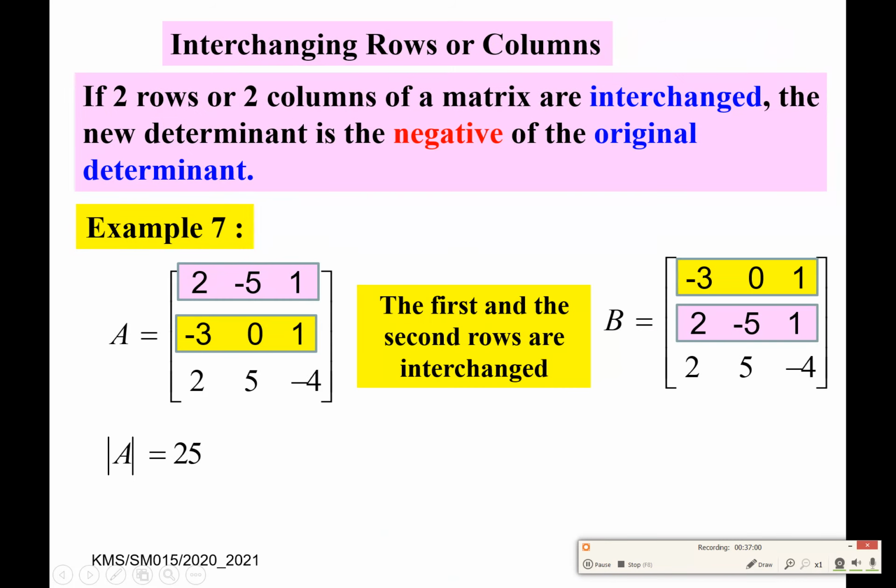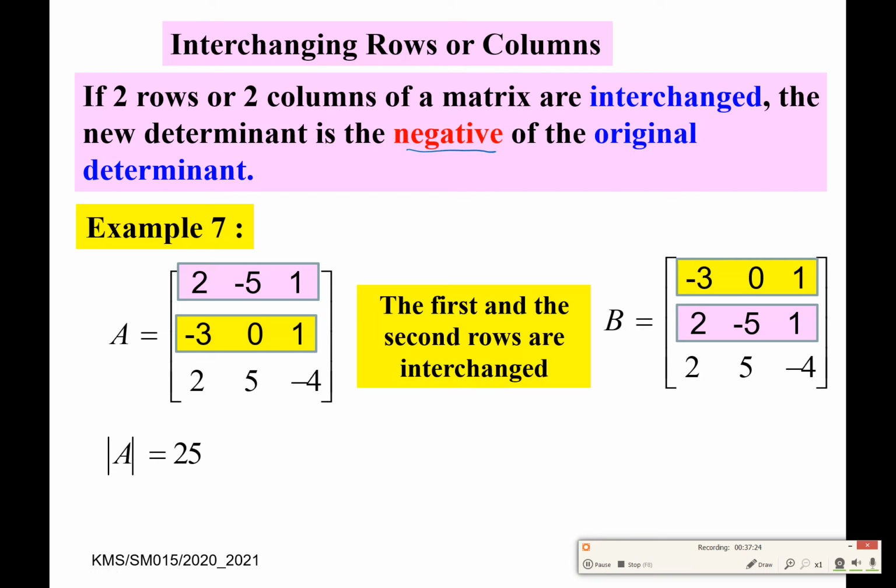Okay, and interchanging rows or columns. This is very simple, just check by observation. If two rows or two columns of a matrix are interchanged, the new determinant is the negative of the original determinant. Just put a negative.